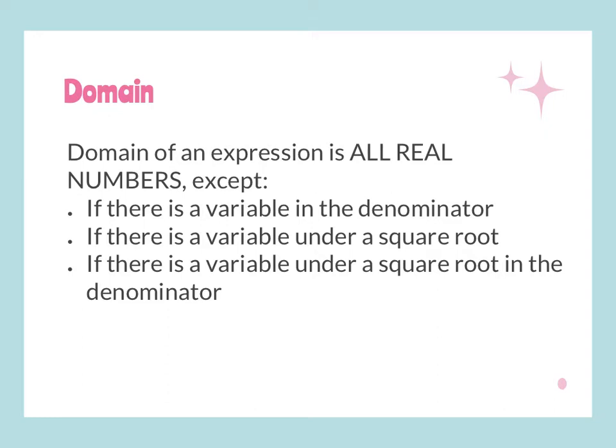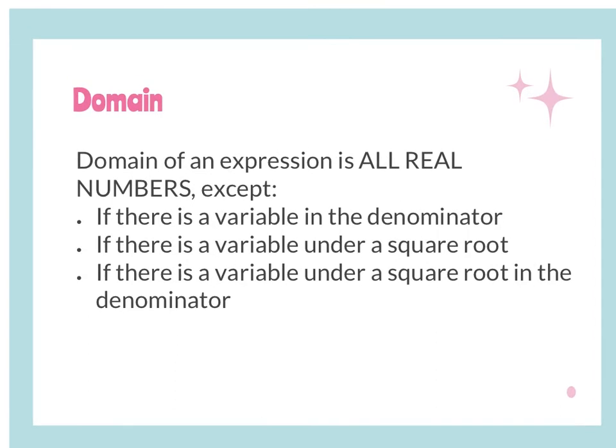Then the other time that we would exclude numbers from the domain is when there's a variable under a square root, or a variable where there's a square root that's in the denominator. So again, we will go more in depth for domain in chapter 2, but just be aware that traditionally any number could be plugged in for x, because x's domain is always your x value.